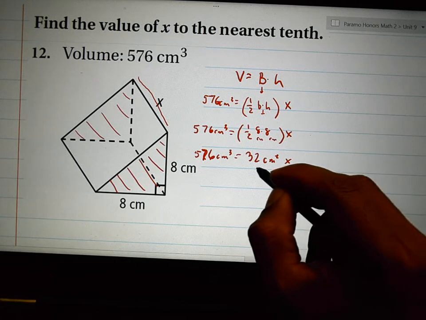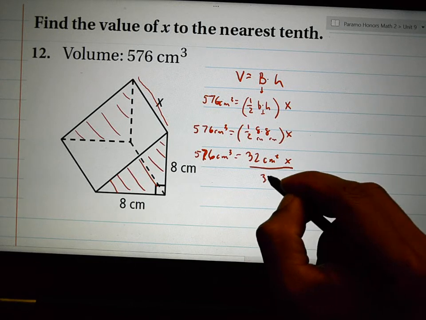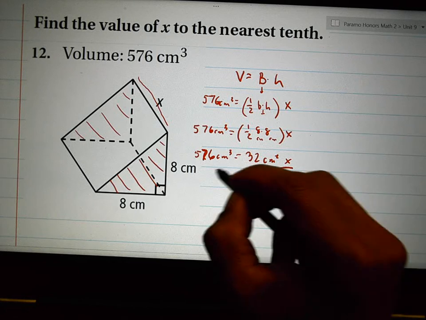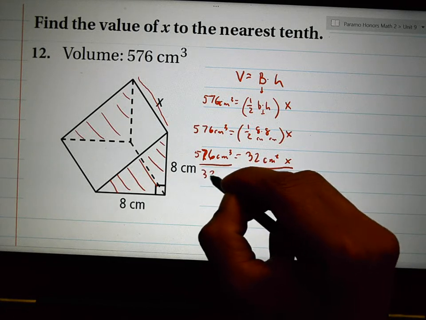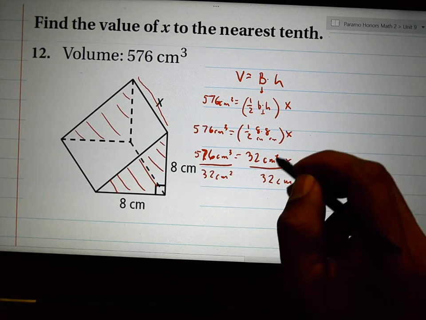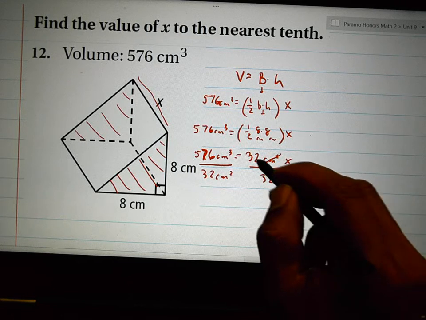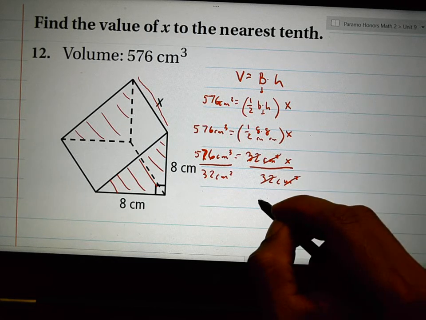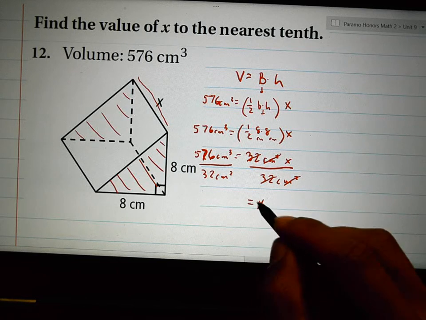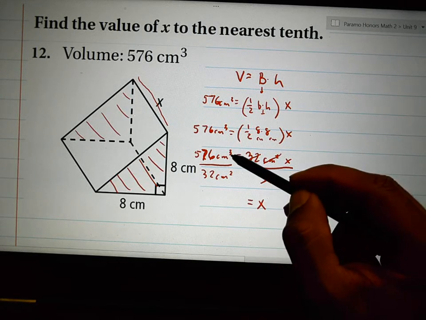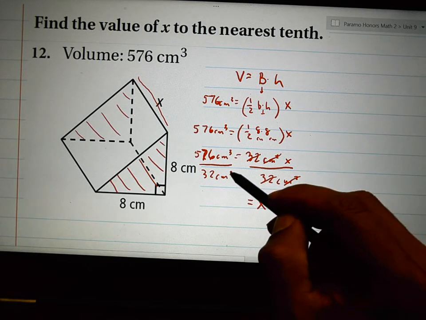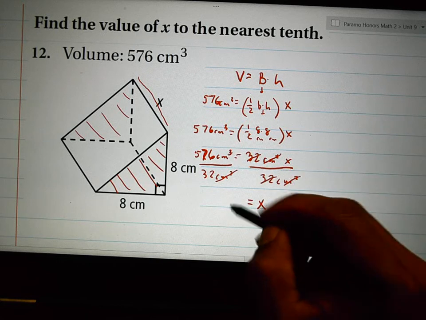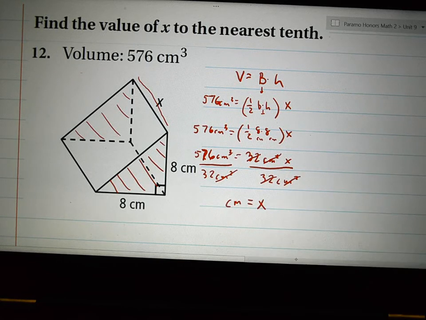If I divide by 32 centimeters squared and divide by 32 centimeters squared, watch what happens. Centimeters squared goes away. 32 divided by 32 goes in one time. You're left with 1 times x, which is just x equals centimeters to the third divided by centimeters squared. 2 of them, subtract from here, you're left with centimeters. Kind of neat how that works out.